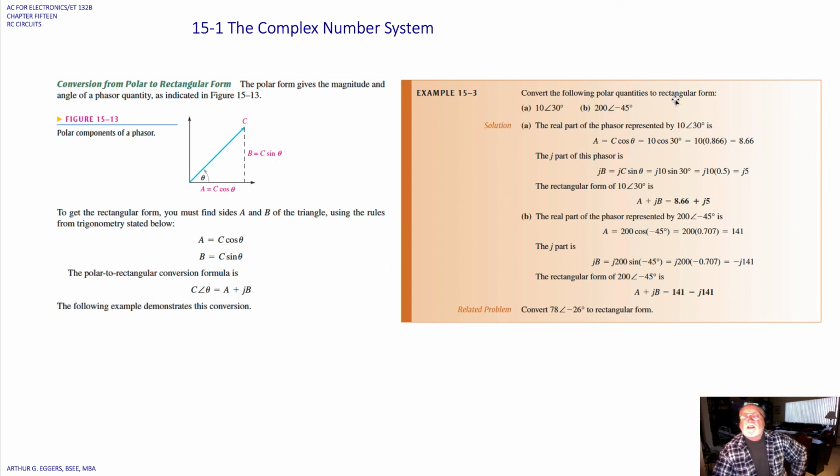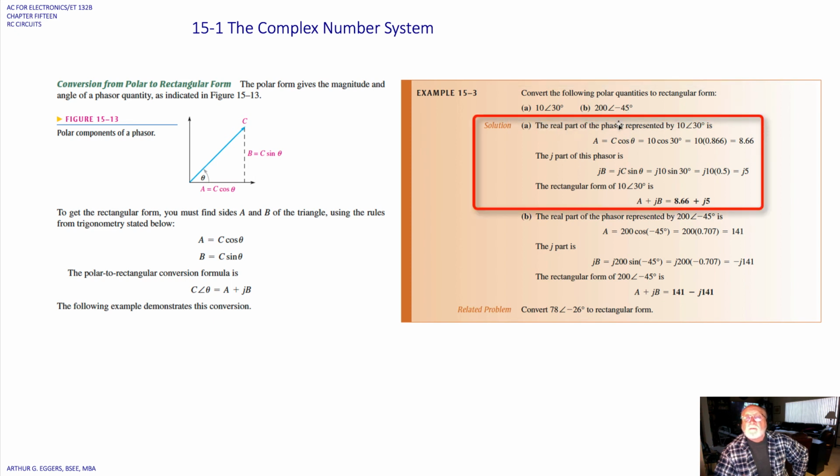So if we look at an example, we want to convert 10 at an angle of 30 degrees and 200 at an angle of minus 45 degrees. The first thing we need to do is decompose what's going on here. We've got 10 at an angle of 30, so side A is equal to C cosine theta, or 10 cosine 30 degrees, which gives us 8.66.